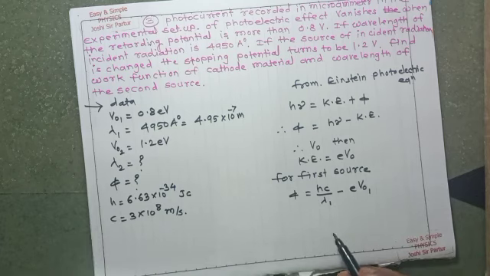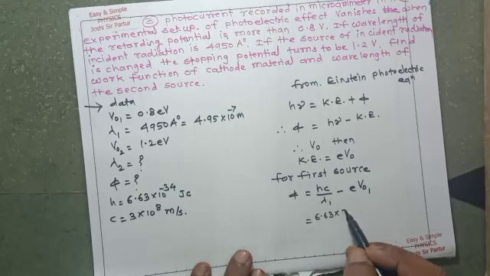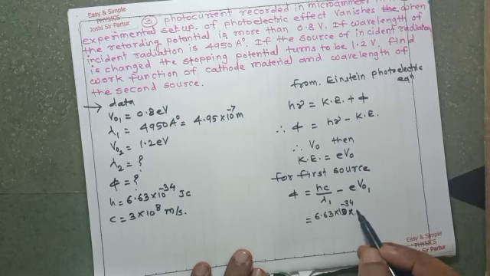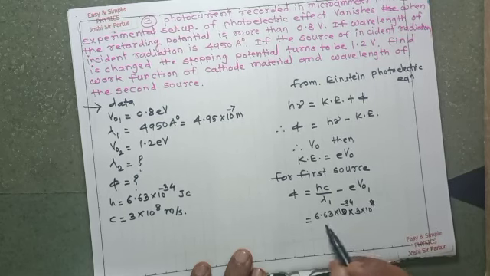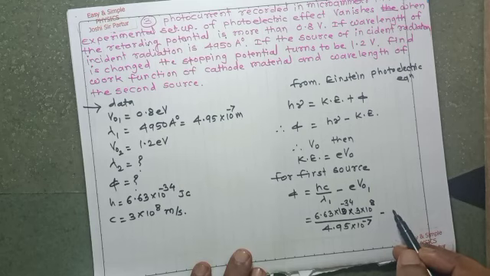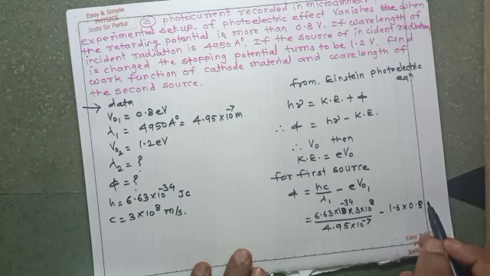Okay, we know that the value is 6.63 into 10 to the power minus 34 into 3 into 10 to the power 8, divided by 4.95 into 10 to the power minus 7, minus 1.6 into 0.8 into 10 to the power minus 19 joule.